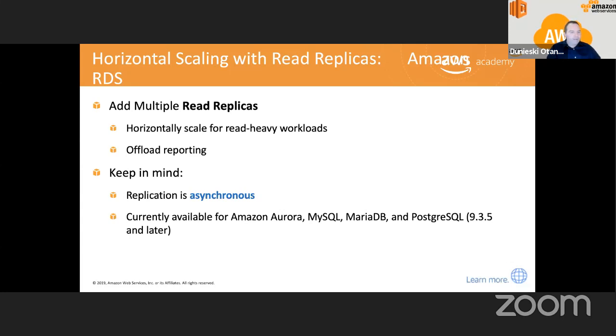So we will have to wait a little bit. Okay, so that's the difference between Multi-AZ and read replica at a high level. Multi-AZ improves availability, and replication is synchronous. Read replicas improve performance, and replication happens asynchronously.